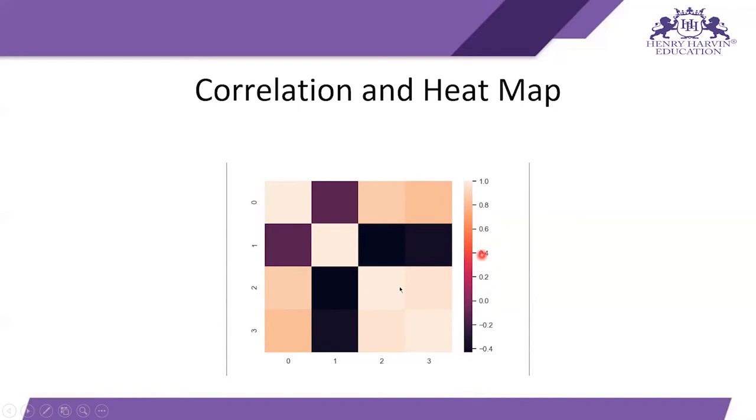When we put these colors on the correlation map, it is called a heat map. So these two are the same, where we get both at the same time. From the color we can say that this correlation is less without seeing any number, and by seeing these numbers and colors, we can say that here the correlation is very high. So this is all about the correlation and heat map.